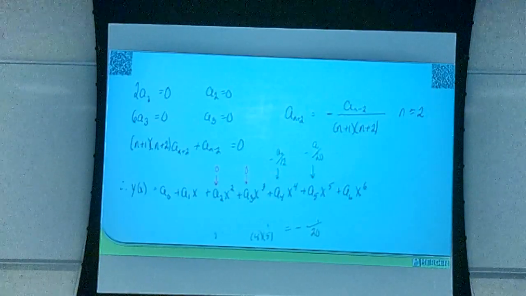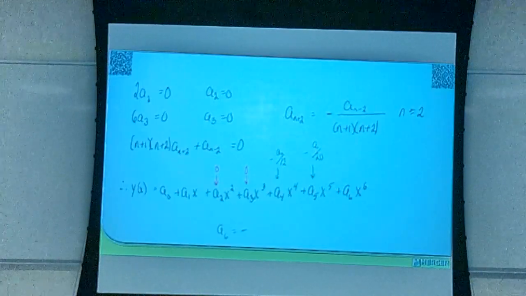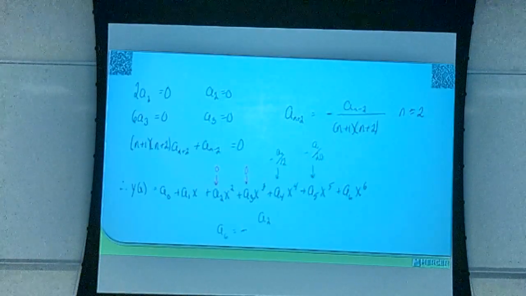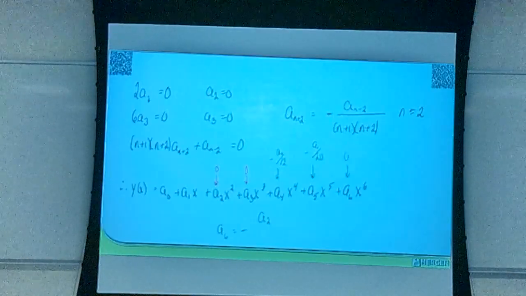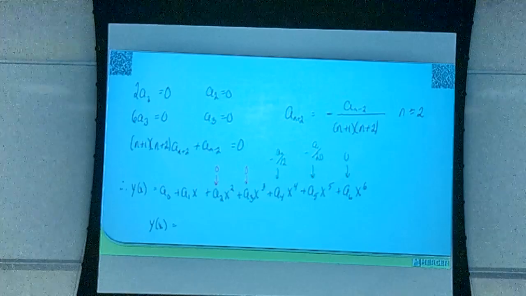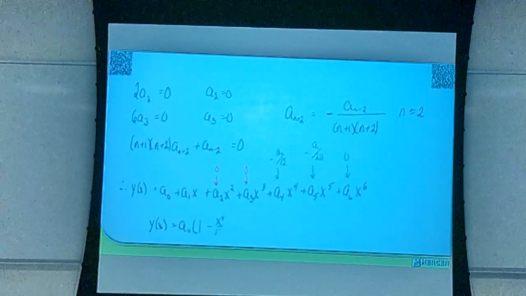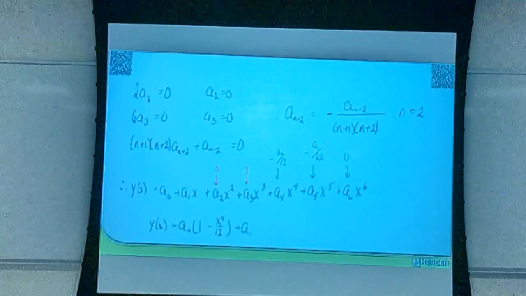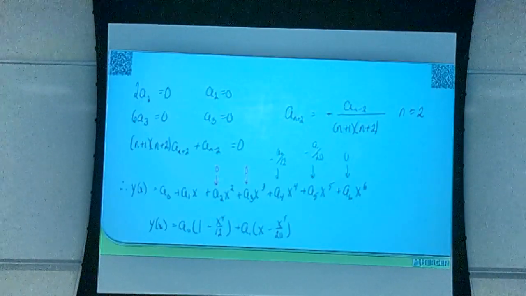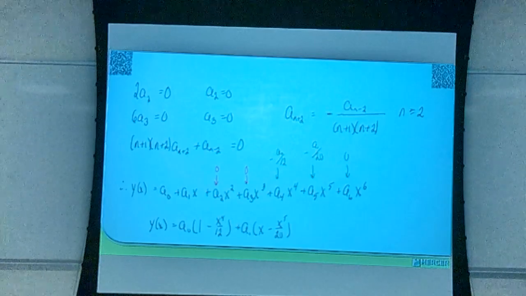A6. N equals 4. A sub 2, 0. Which doesn't match this.